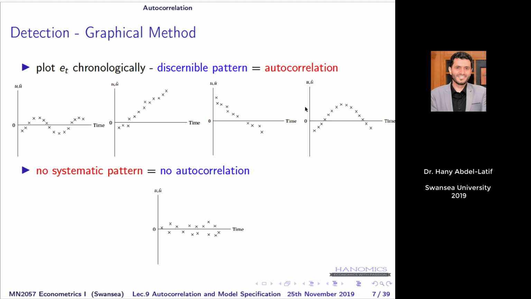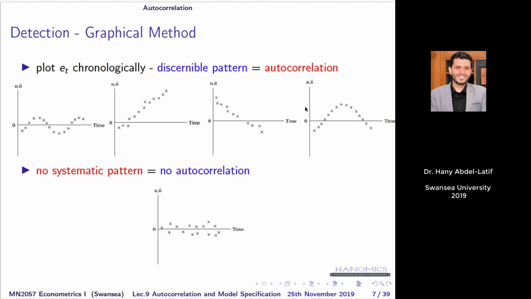You don't know them, you just made some assumptions about how they behave. However, when you collect data from a sample and estimate the model, you get residuals. So your residuals represent the errors. What we actually plot is our residuals. You have a model, you estimate the model, you obtain the residuals, and then you plot those residuals.